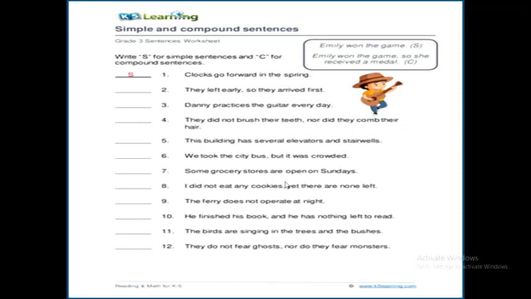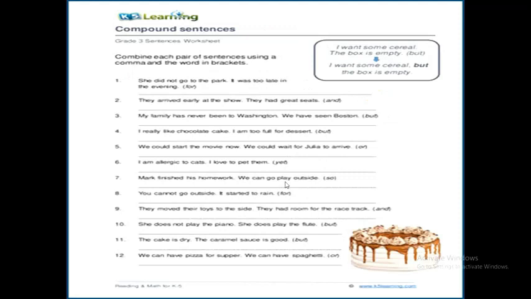You have to put S for simple and C for compound sentence, compound complex sentences. Then again, a relevant activity: combine each pair of sentences using a comma and the word in brackets. This is again practice for you to join sentences and convert different simple sentences into compound or complex sentences.